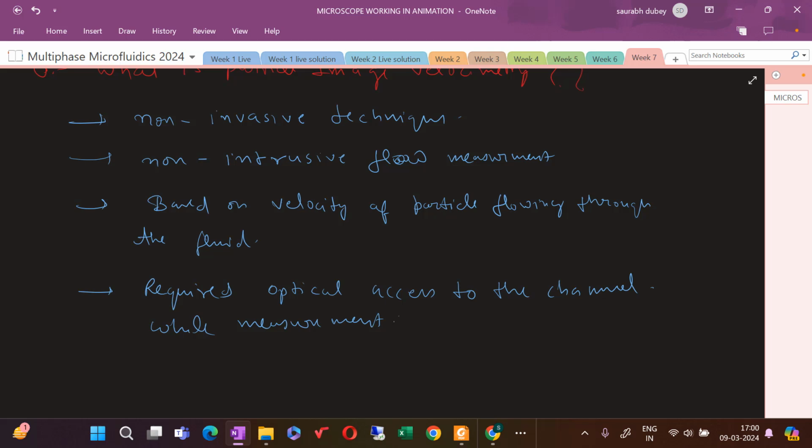Images are sectioned into small interrogation regions, and the displacement of the particle within each interrogation region is determined by autocorrelation of the single frame or cross-correlation of the two images. Okay, so that is all about particle image velocimetry.